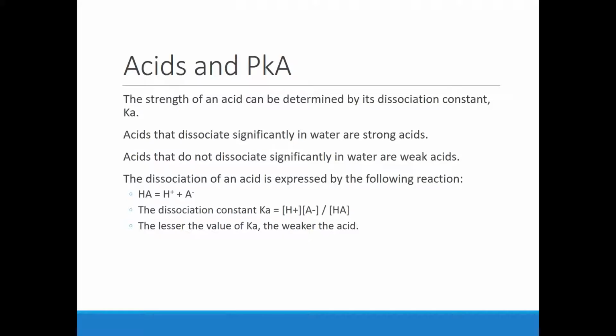So again, not how the acid is affecting water, but the acid itself. The strength of the acid, or the ability of the acid to dissociate, is called its Ka. It's dissociation constant. So this is measuring how well an acid does its job at being an acid, essentially, at dissociating and giving away the protons.